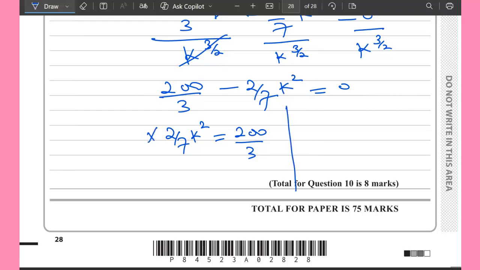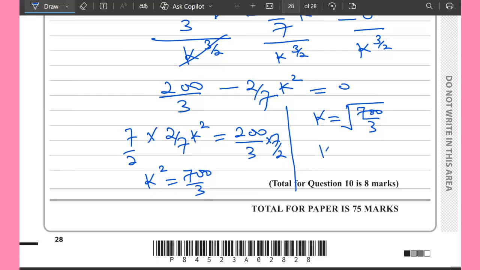We can multiply both sides by 7 over 2, so that k squared should be equal to 700 over 3, and therefore k equals the square root of 700 over 3.